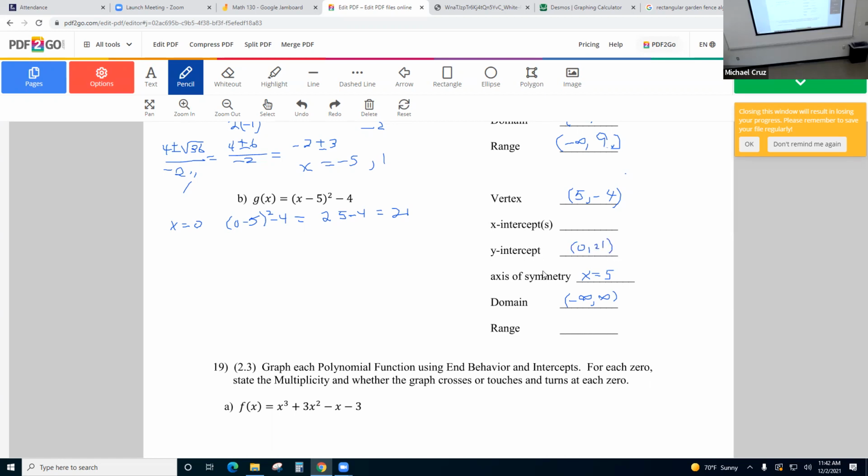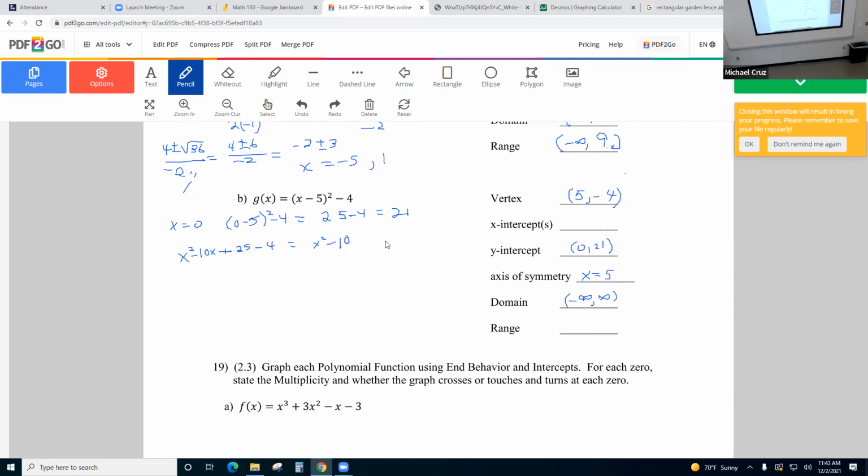Unfortunately for the x-intercepts, unless there's something I'm missing, we just got to FOIL that out and write it in standard form. So we square that out. What you got?